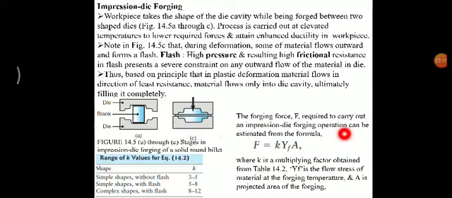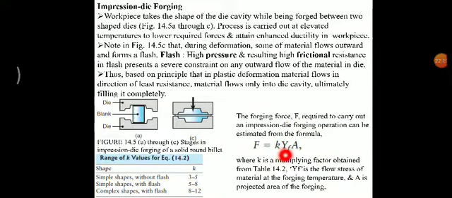For a simple shape with flash, which will be our condition, K will be 5 to 8. For a complex shape with flash, meaning the parting line does not lie in one plane but in more than one plane, K will be 8 to 12.